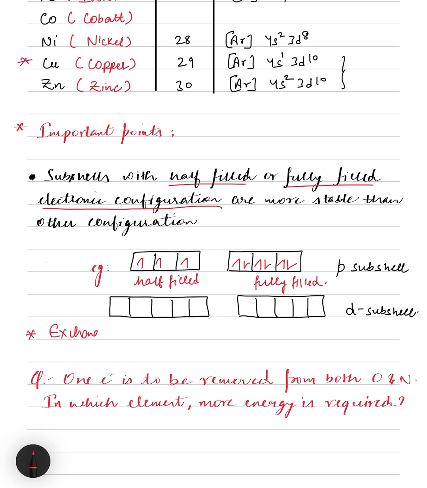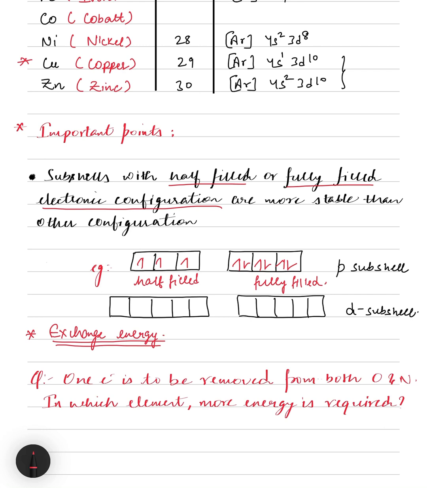We will understand this concept in our upcoming video, where I will be utilizing it in one of the questions which I will solve. Right now, just understand that exchange energy is the reason why half-filled and fully filled subshells are highly stable in nature. So in the case of the p subshell, half-filled is like this and fully filled is like this.